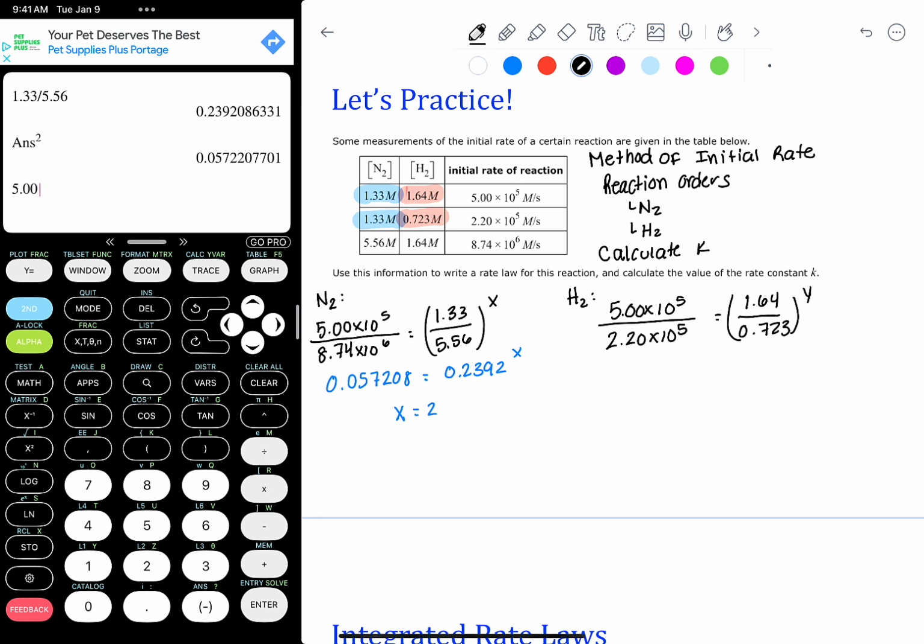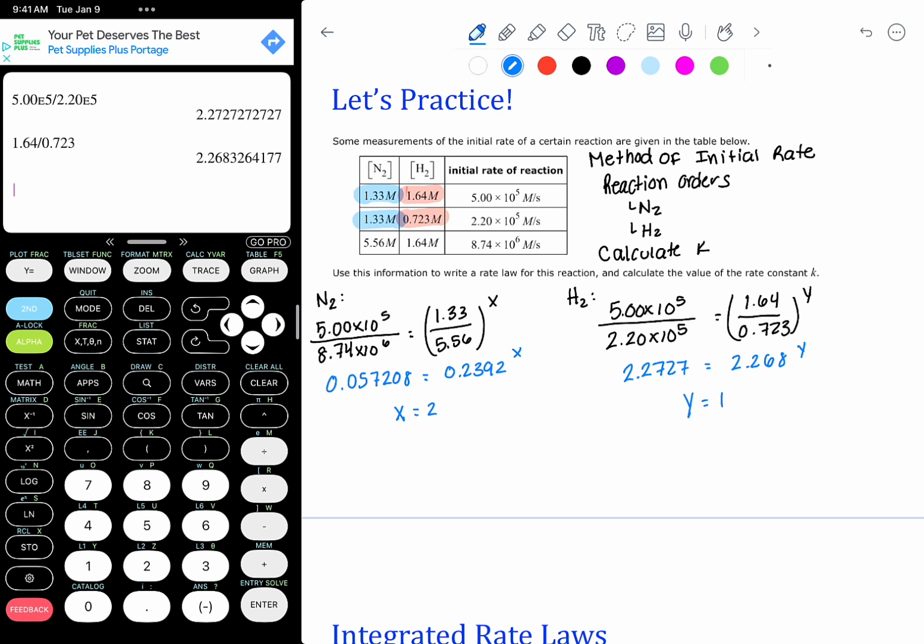Now we simplify 5.0 times 10 to the 5th divided by 2.20 times 10 to the 5th. So we get 2.27. And then we take 1.64 divided by 0.723. We get 2.268, which are basically the same number, so y is going to be 1.